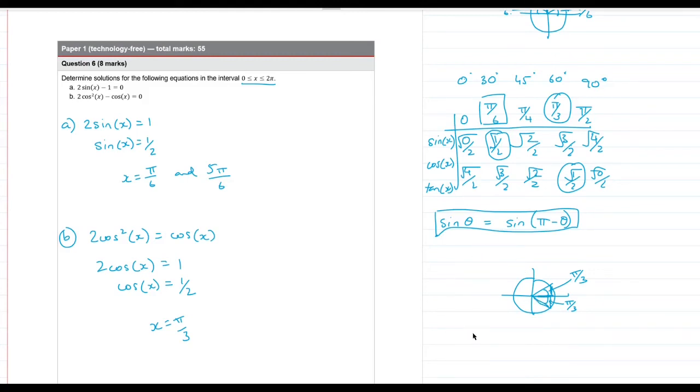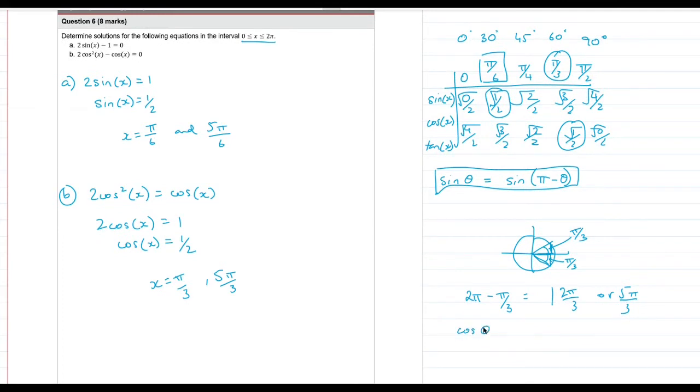So to get our second angle, we need to do 2 pi minus pi on 3, which is going to be 5 pi on 3. And an easy way to know that is cos theta is the same as cos of 2 pi minus theta.